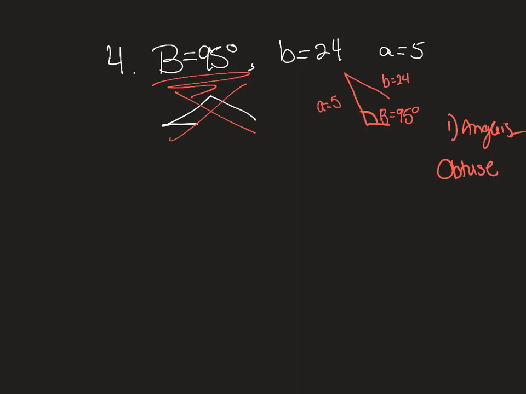So this means that I can make 0 or 1 triangle. The answer is 1 because B is bigger than A. This is my shorter distance, so I can swing B out this way and make my triangle. So because 24 is bigger than 5, I can make 1 triangle.